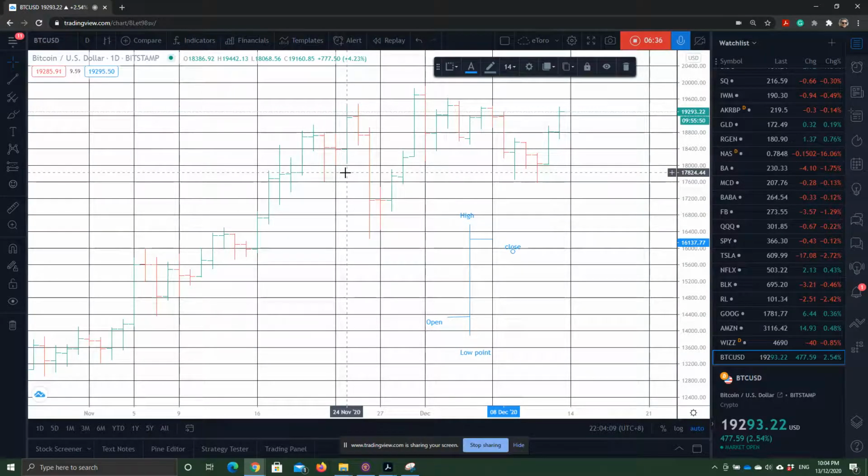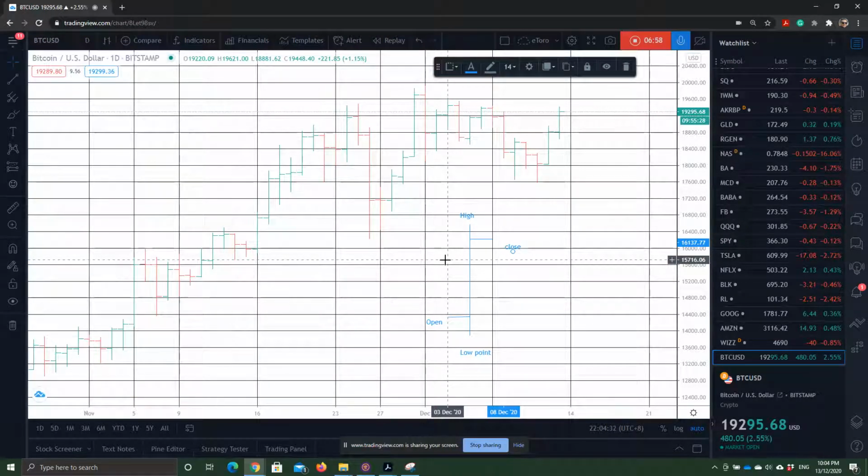The bottom of the vertical bar indicates the lowest traded price of that time period, and the top is the highest price during that time period.